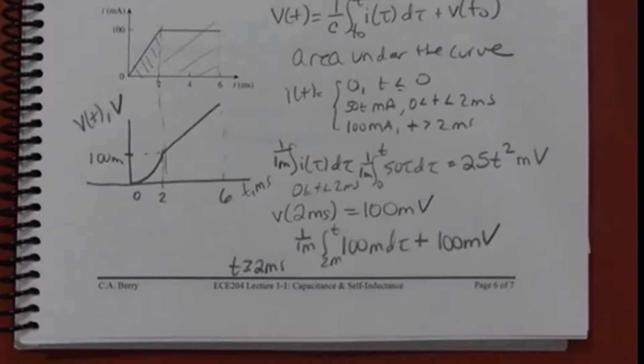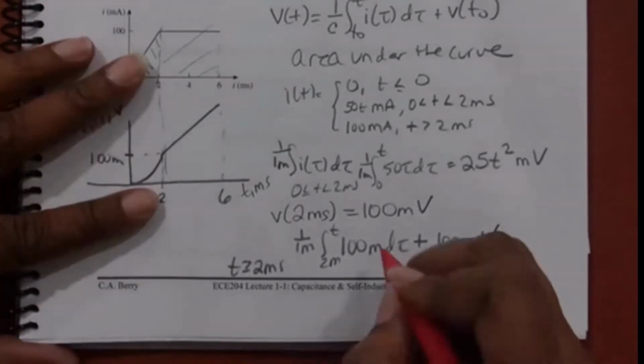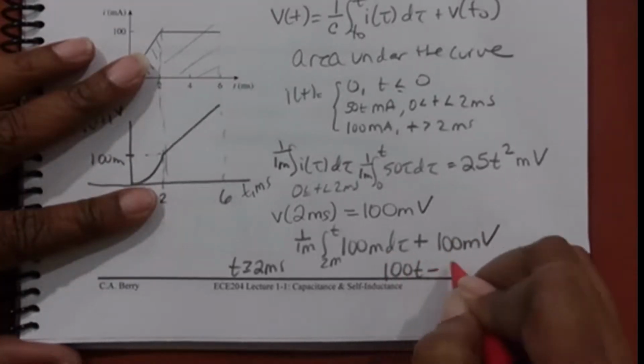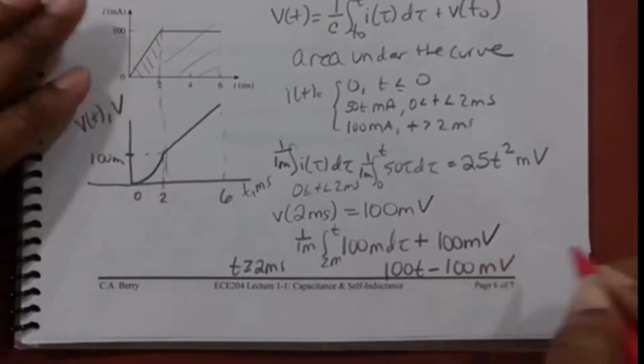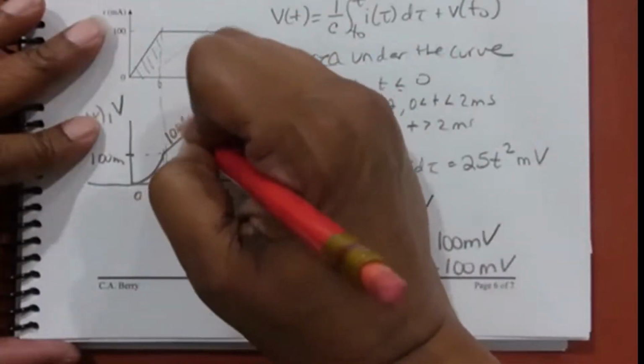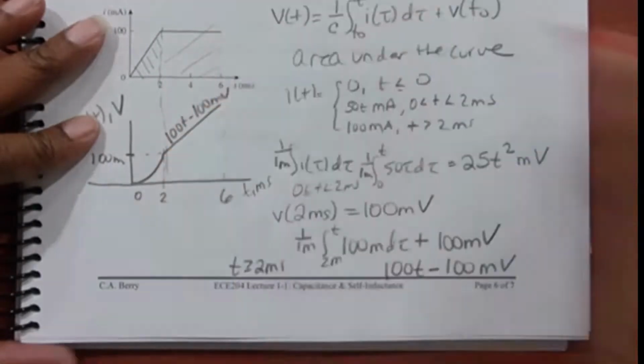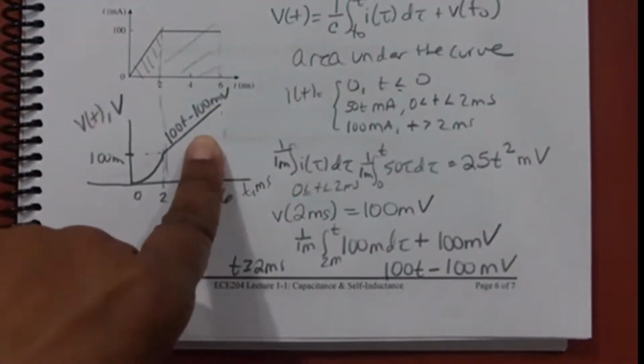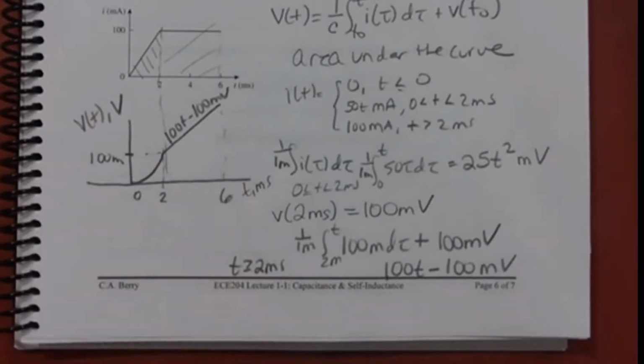Plus I got to add in the initial voltage from that previous region, which was 100 millivolts. And the result of that integral is 100T minus 100 millivolts. And that's the equation of this line, for T greater than or equal to 2 milliseconds.